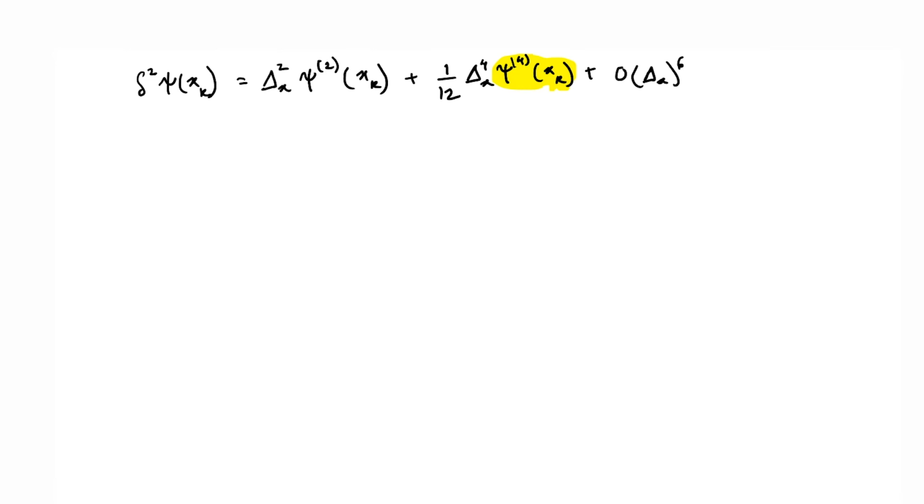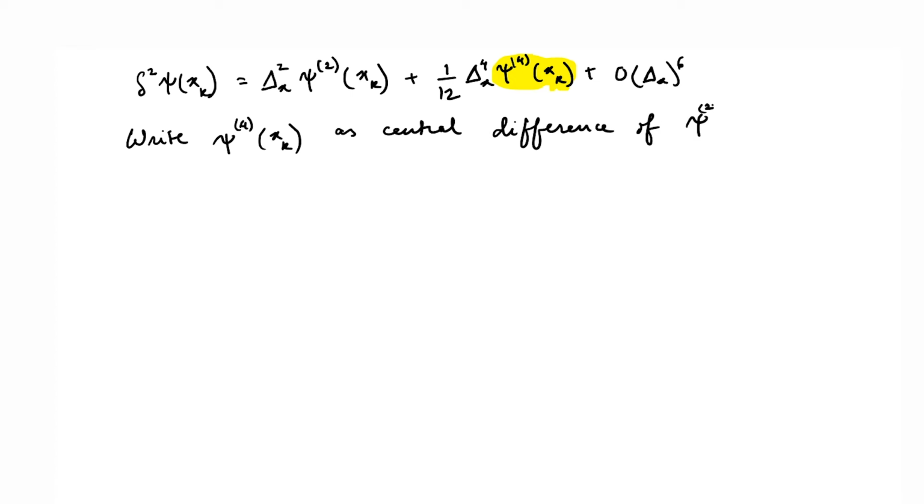We will write this fourth derivative at x_k as the central difference of the second derivative at x_k. So, how do we do that? Again we use the help of Taylor expansion.